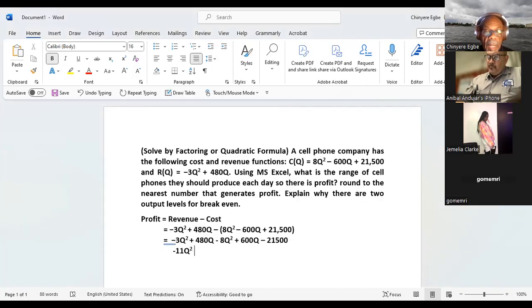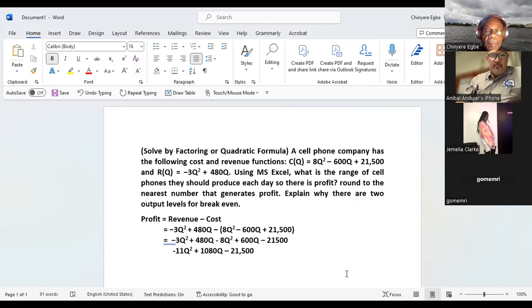And then plus 480 plus 600 will be plus 1080 times Q, minus 21,500. So you see now you have a quadratic solution.